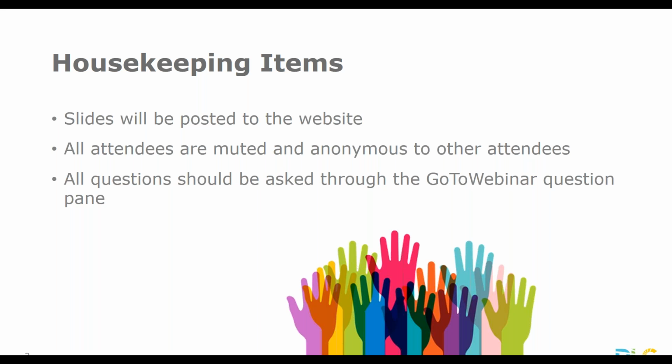A few housekeeping items. Unlike in previous rounds, these slides will be posted to the website. While this guide is really meant to help those currently going through the process and not for general mass consumption, in an effort to provide more information to industry on surveillance testing updates, we will be posting them. They'll be found on the surveillance testing page.